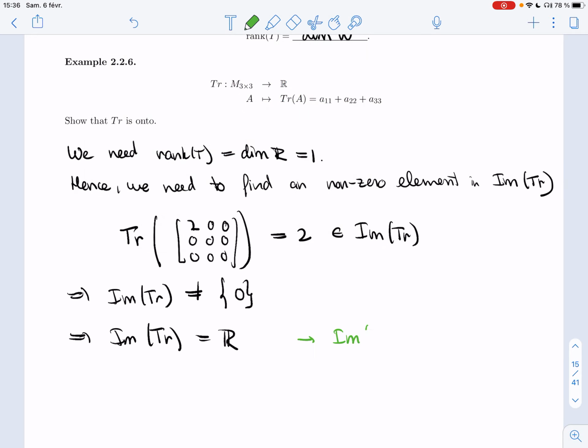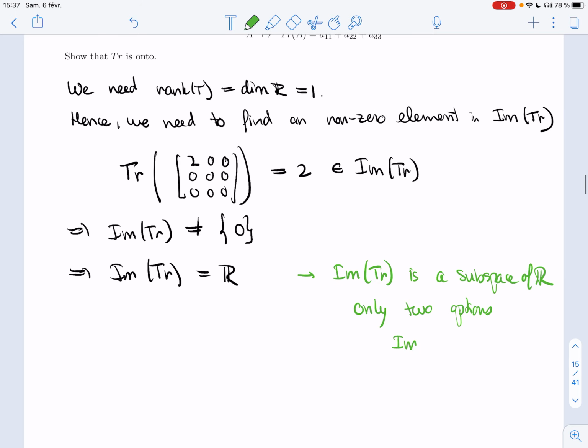Image of trace is a subspace of R, which has dimension 1, so only 2 options. Either the image of trace is 0 or the image of trace is all of R. And so all we have to do is to show that there is one element that doesn't belong to 0, and then you'll be here.